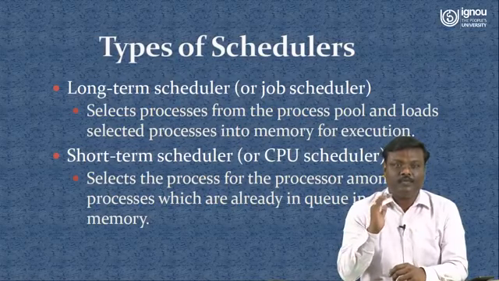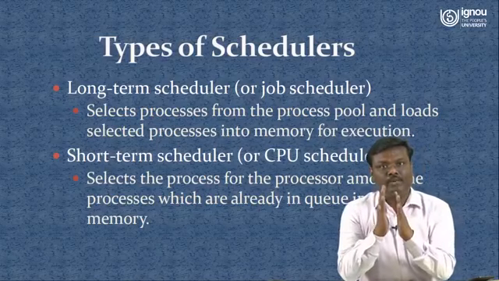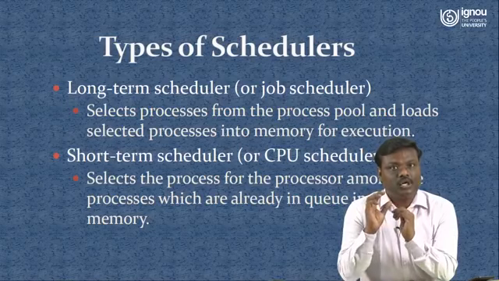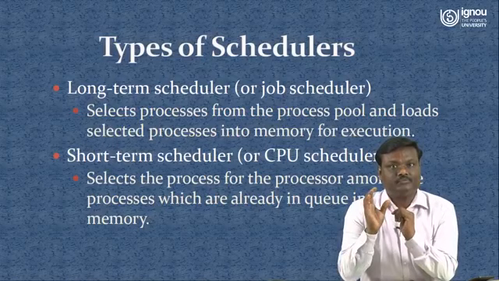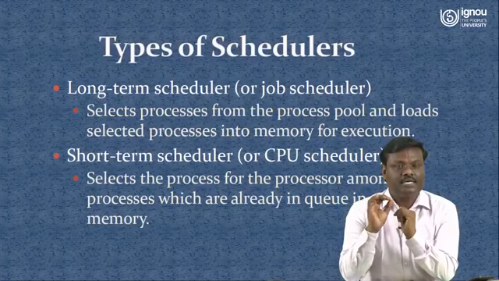Why? Because whatever processes are brought into the main memory by the long-term scheduler, the short-term scheduler, depending upon the algorithm, assigns the CPU. So assignment of the CPU to the waiting processes in the RAM is the job of the short-term scheduler.